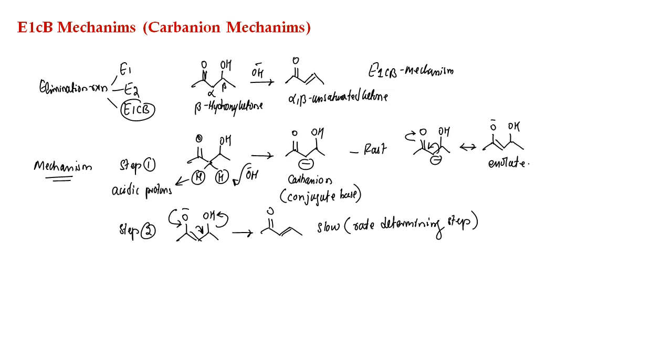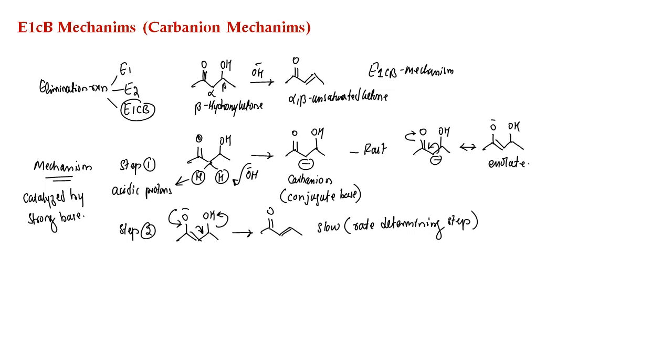Usually the E1cb mechanism is catalyzed by a strong base. Besides beta hydroxy ketone, in which the hydroxyl group acts as a leaving group, we can have different other compounds as well that act as good substrates for the E1cb mechanism.